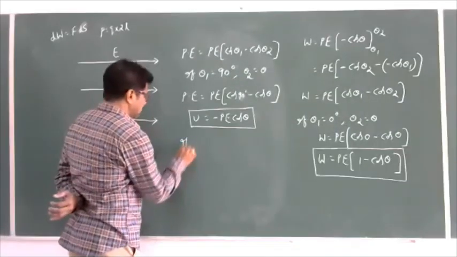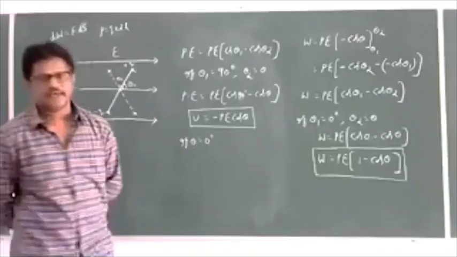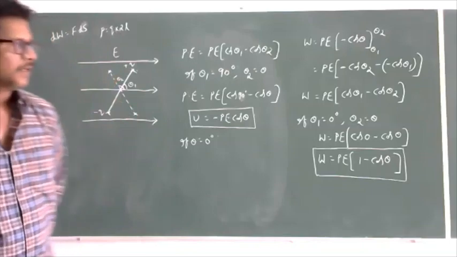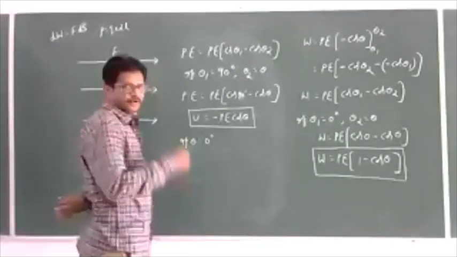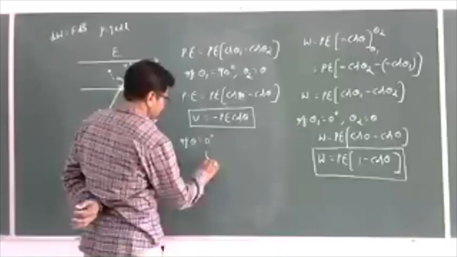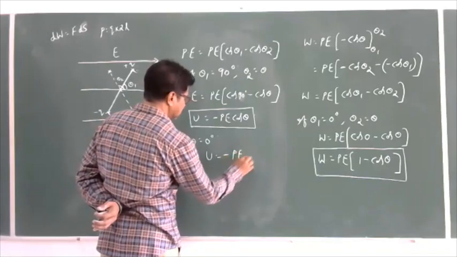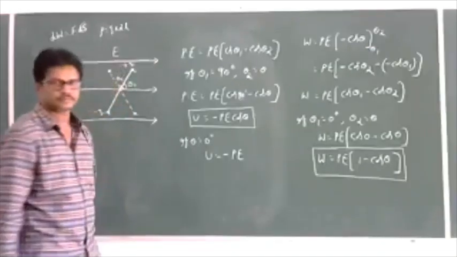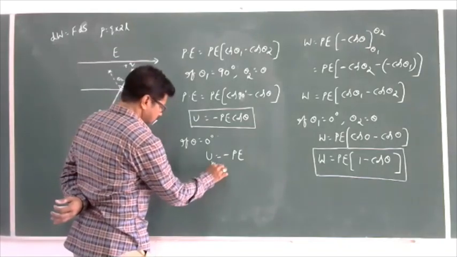If theta is equal to 0 degrees, that is an electric dipole is placed parallel to an electric field, then U is equal to minus PE, which is the minimum.